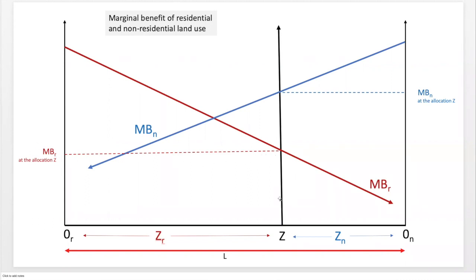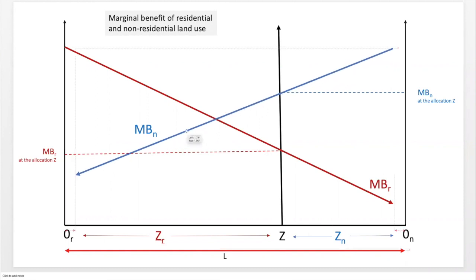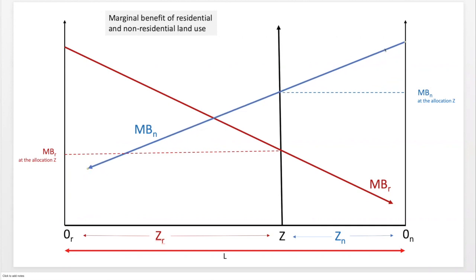Because of the nice symmetry of this graph, we can think about the exact same analysis with a diminishing marginal benefit of non-residential land as we have more and more non-residential land. It's simply flipping this around and looking at it from the other side. So there's a kind of symmetry in the logic.